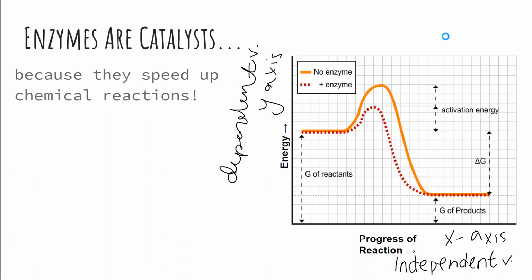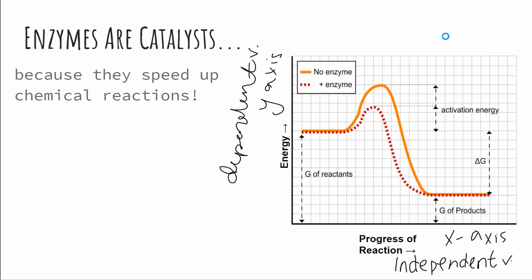It's showing the speed of the chemical reaction. So how fast the chemical reaction is going with an enzyme and without an enzyme. The dotted line shows with the enzyme. The solid line is without the enzyme.